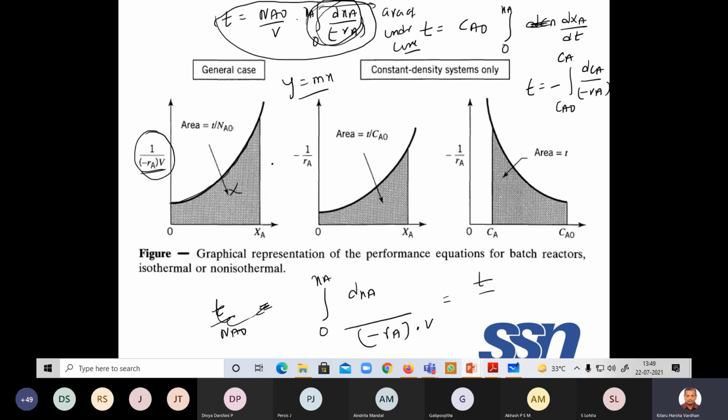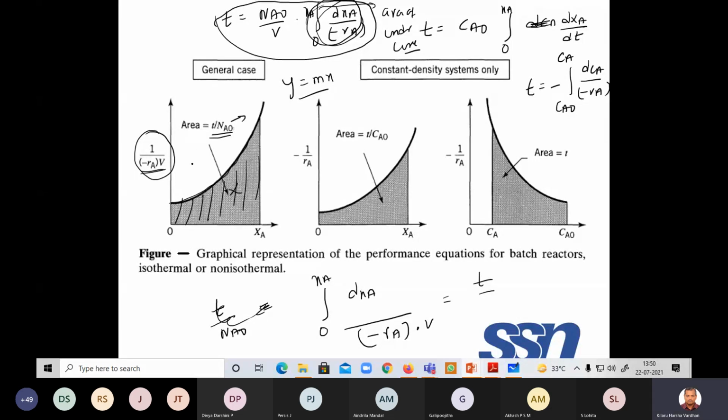You know that integral is nothing but area under the curve, whereas differential is nothing but the tangent to the curve. So this entire area will give you T by Na naught.